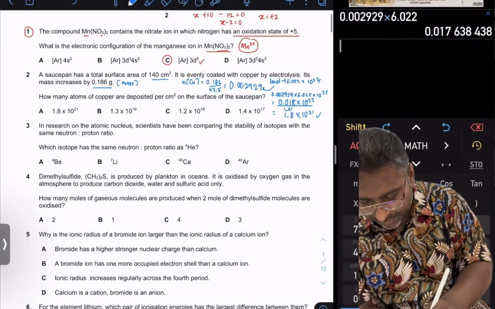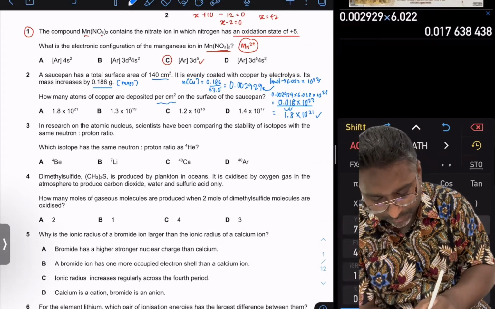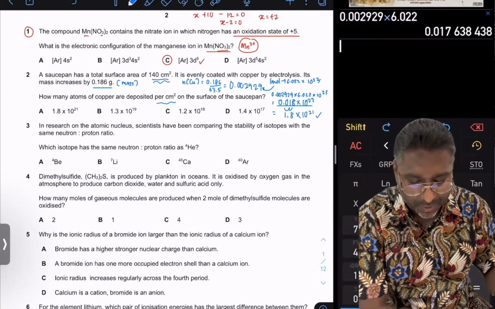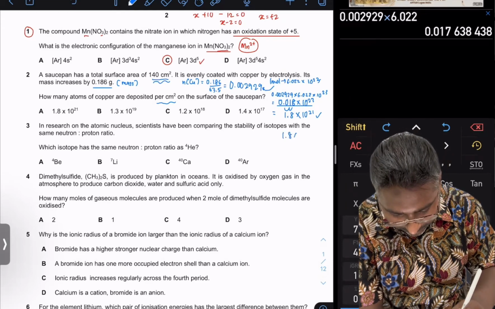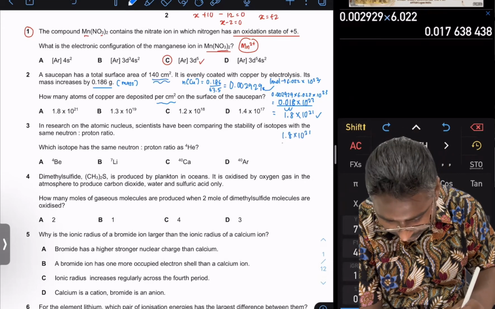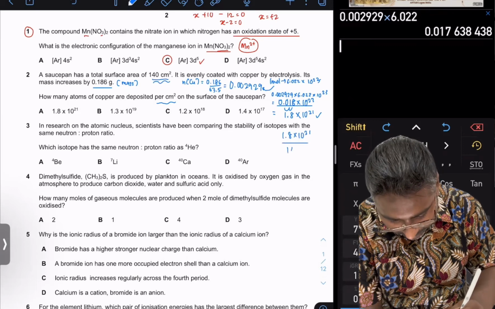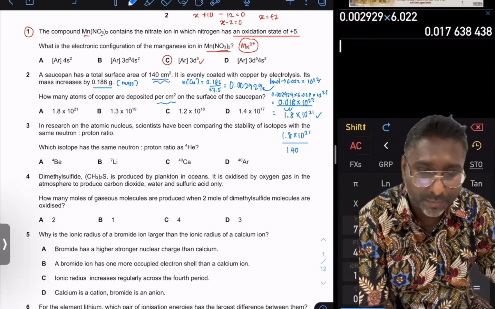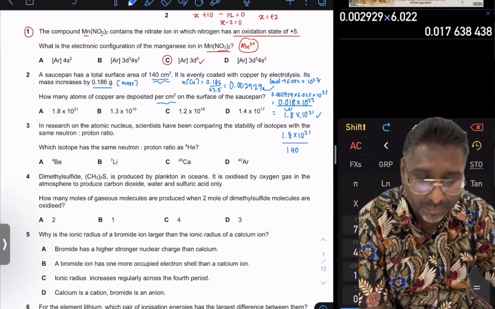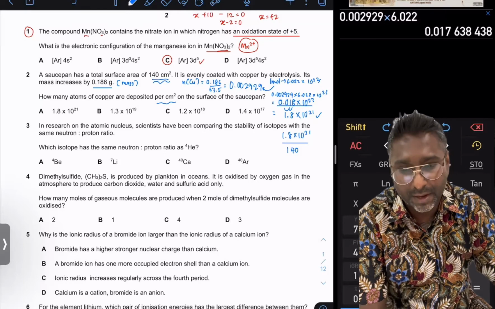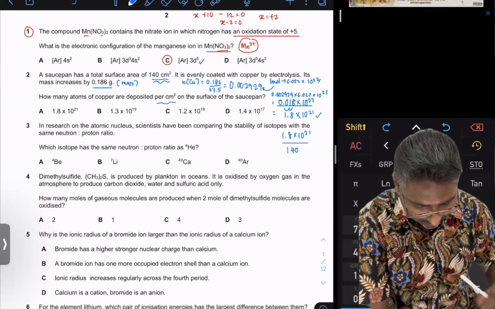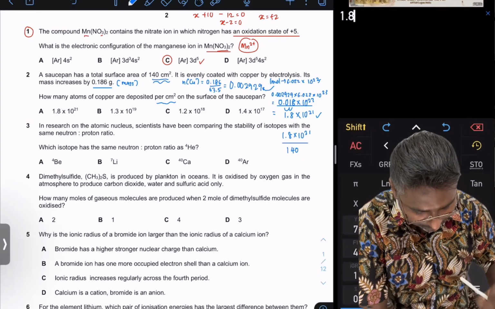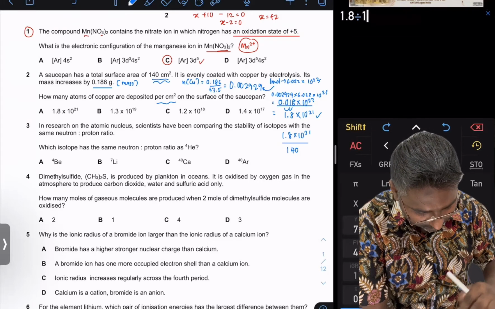They say per cm cube, so 140 cm cube. If you want per cm cube, you divide 1.8 times 10 to the power 21 by 140 to get for 1 cm cube. I just put 1.8 divided by 140.